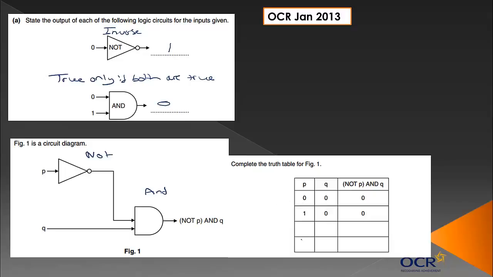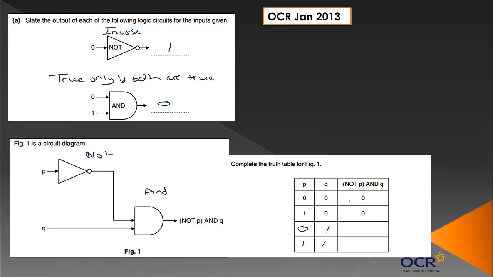First let's fill in the gaps in our inputs. There are only 4 possible combinations for these 2 inputs: Q being 1 and P being 0, and P being 1 and Q being 1 as well. That fills in all the possible combinations, as we've got binary 0, 2, 1 and 3, which fills in all of our gaps.